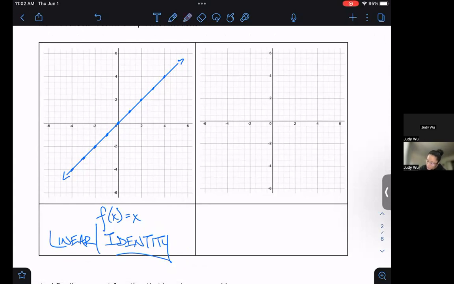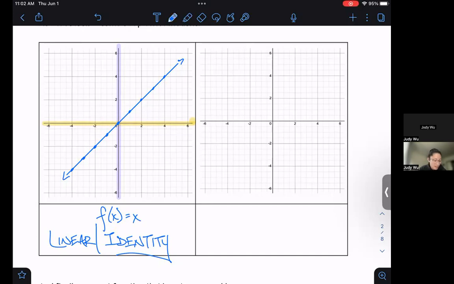And just as a reminder, we flip it over this line first, and then we also flip it over this line. So we do two reflections.